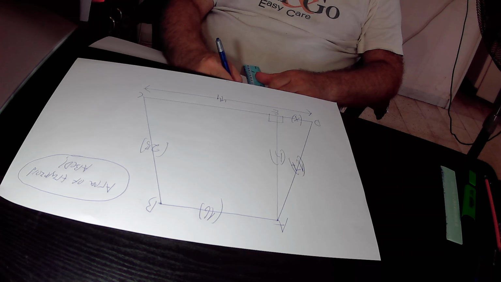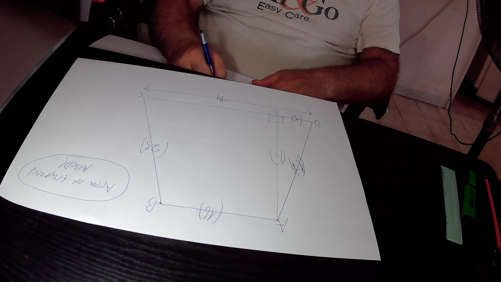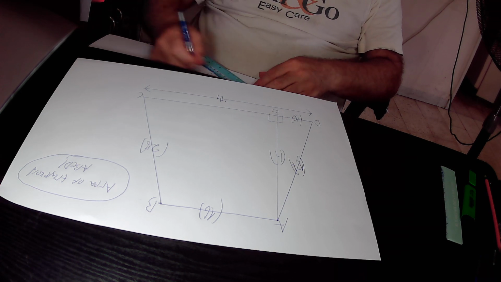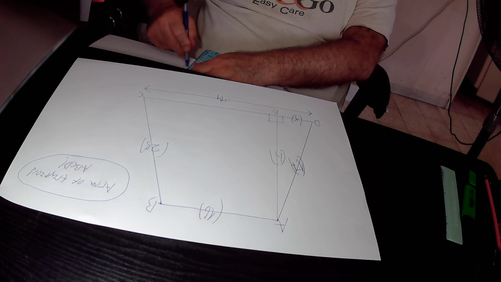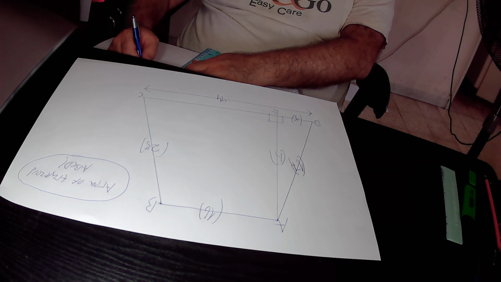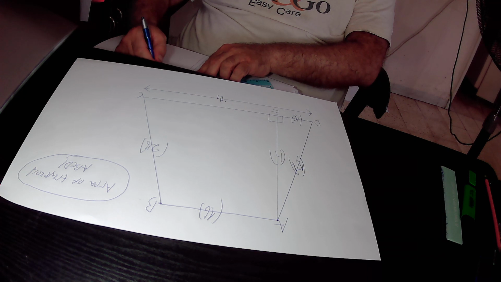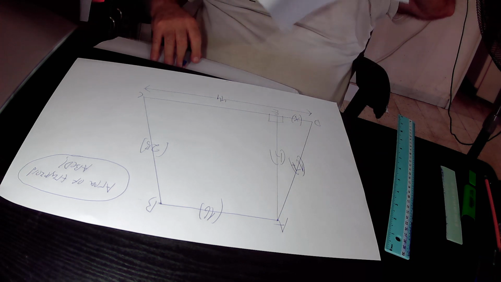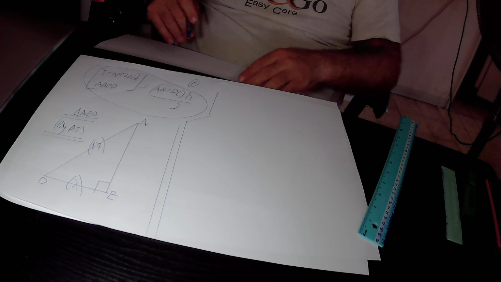Here PT is the abbreviation for Pythagoras theorem. Actually, this is the right triangle AED that I got from the original drawing.